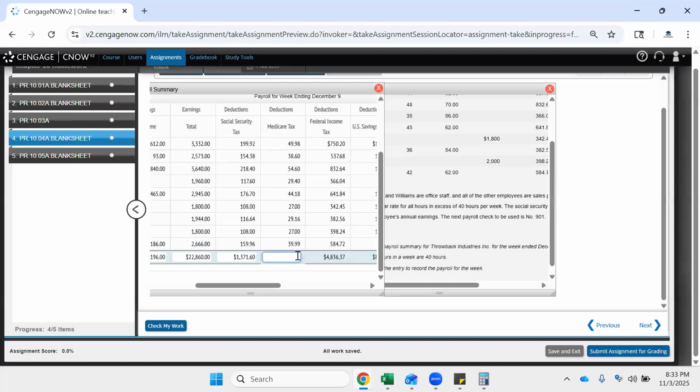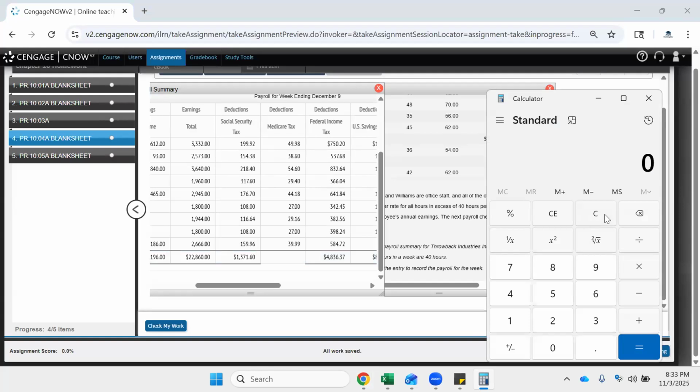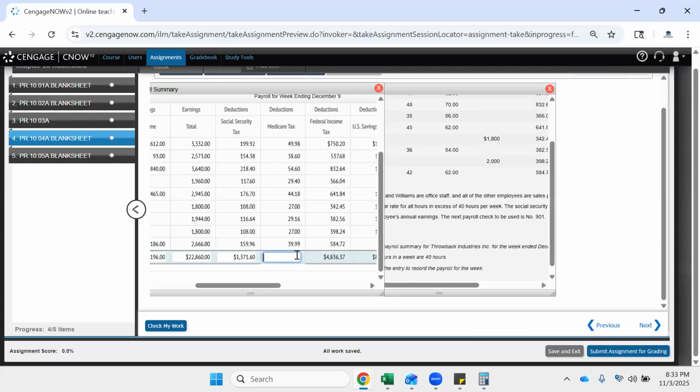That's the remaining amounts for our Social Security tax, for our Medicare tax. And round up here.